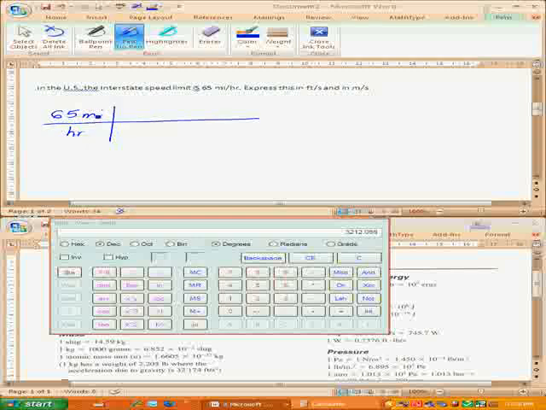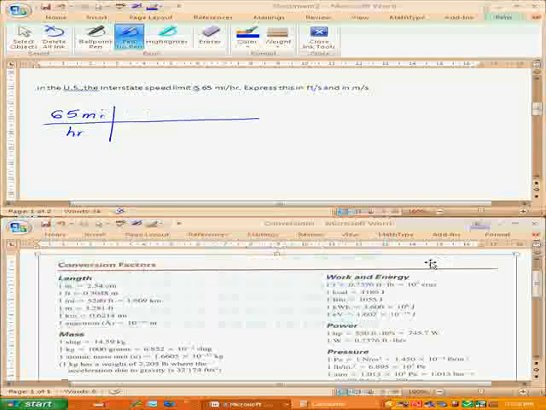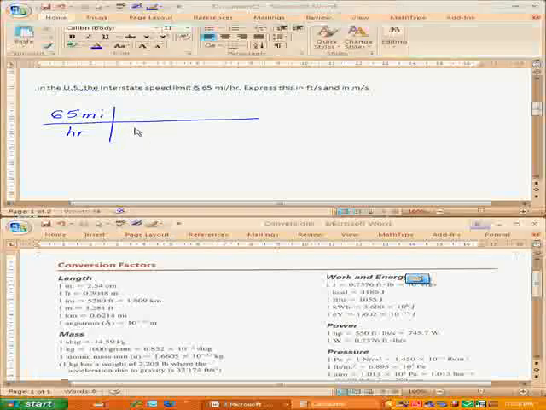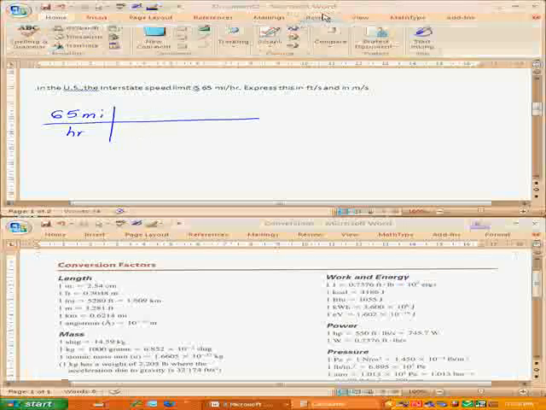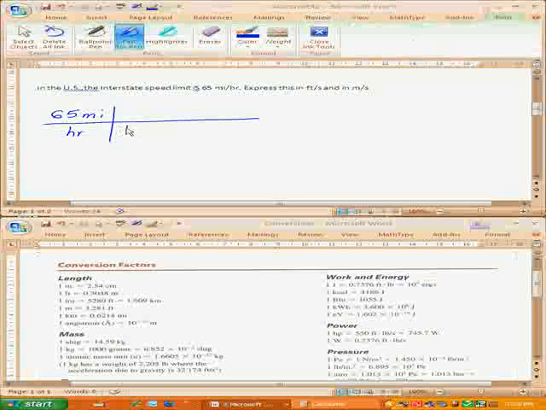So first let's look at the miles. I want to be able to turn the miles into feet. So I look down at my chart here, and oh, here it is, right here. 1 mile equals 5280 feet. So for that one I will write 1 mile equals 5280 feet.